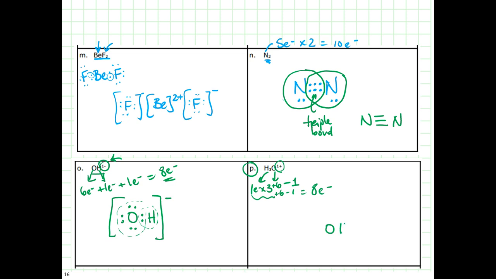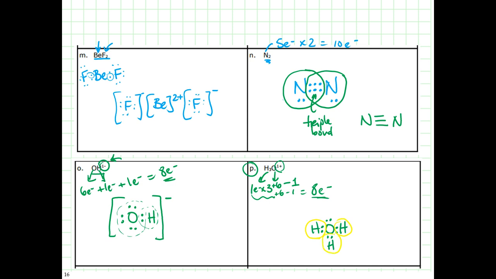Oxygen's going to go in the middle because hydrogen never, ever goes in the middle. 1, 2, 3 hydrogen atoms. We're going to fill in electrons in pairs being shared between the atoms 2, 4, 6. To get to 8, I'm going to give oxygen that last pair. Double check to make sure everybody's good. This hydrogen has 2. This hydrogen has 2.